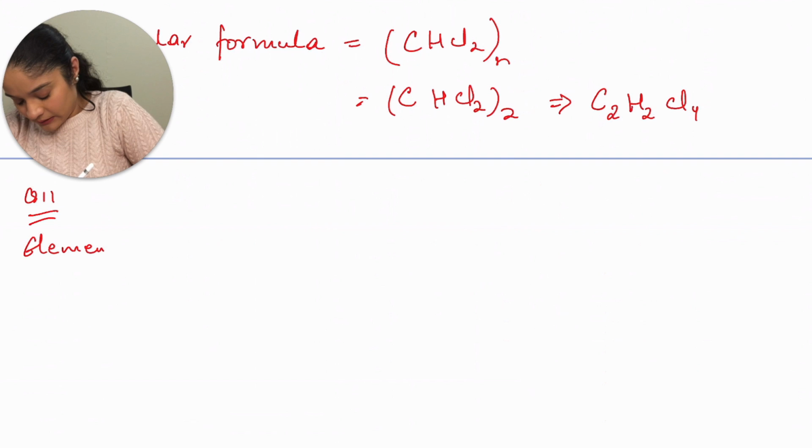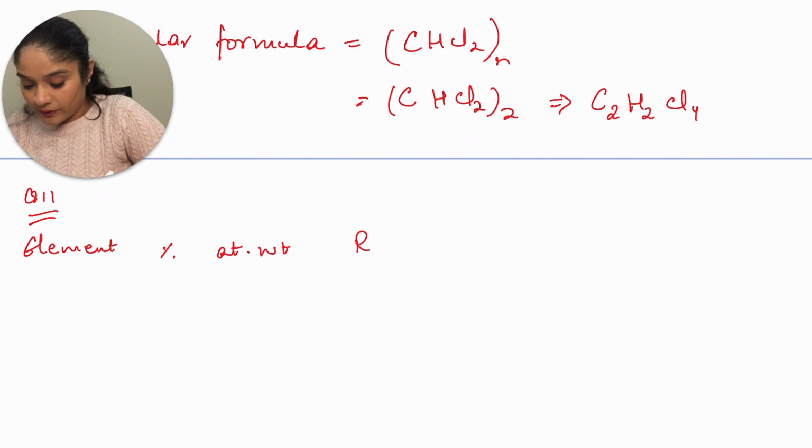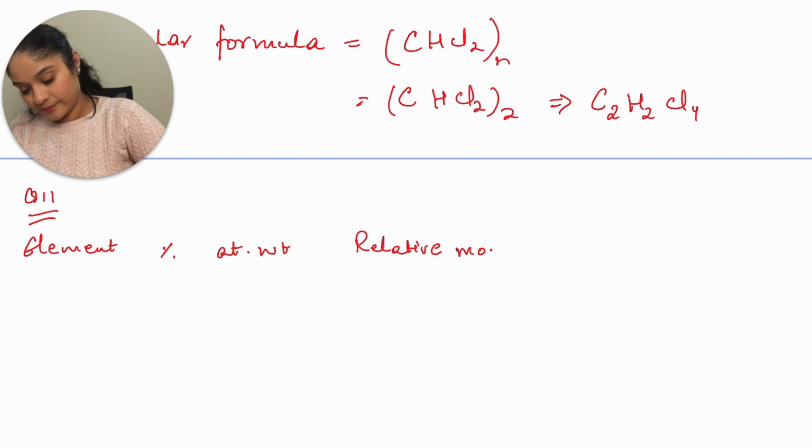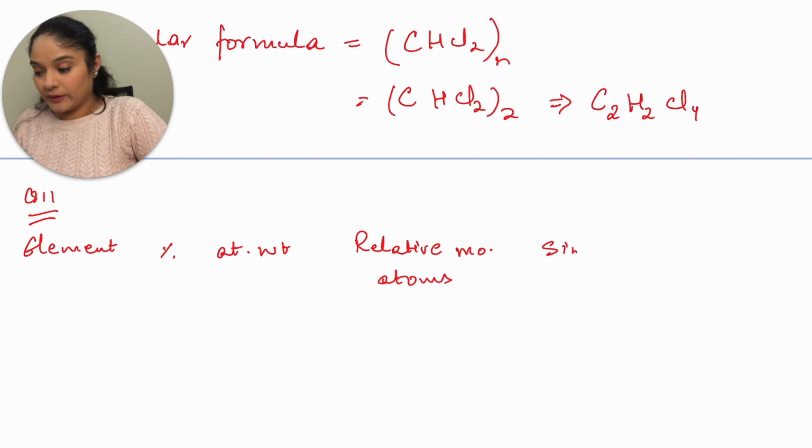You will write element, percentage. You'll also write atomic weight. Along with that, relative number of atoms. Along with that, you'll write the simple ratio.